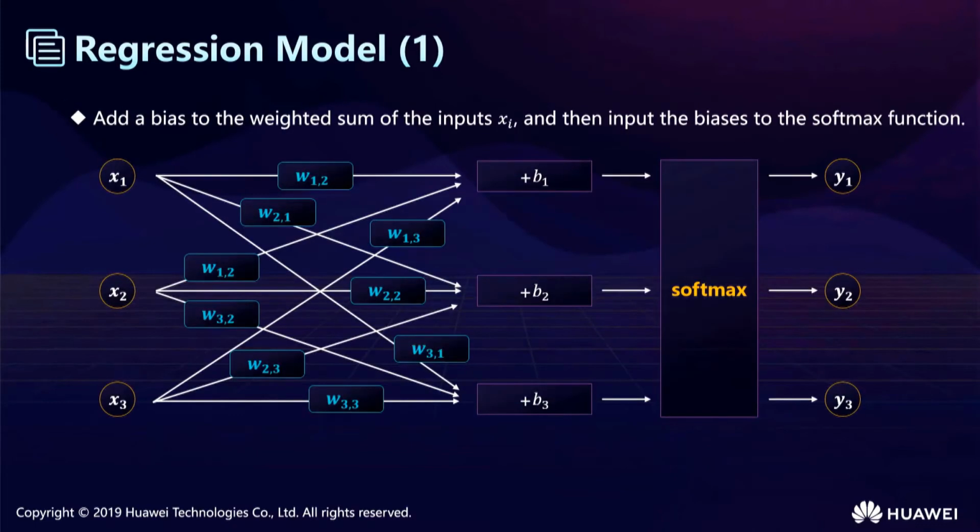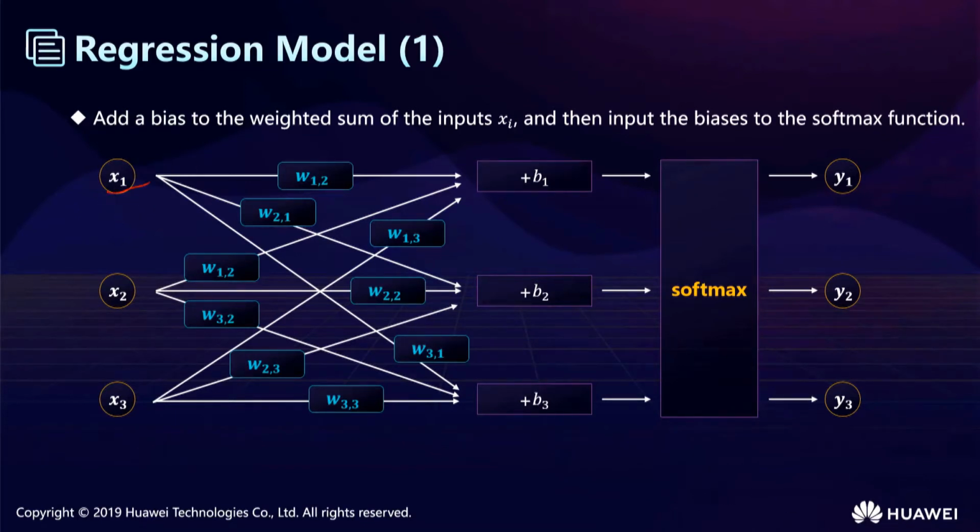Here we show the regression model. When we input our vectors, we set different weights and bias for each element in the input vector. Then we calculate the result and input it into the softmax function, and then we will get the probability of each category. This is how the workflow of the regression model runs.